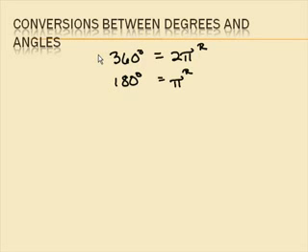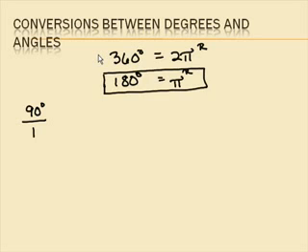So if I give you, let's go with 90 degrees. So if we start off with an angle that's 90 degrees, let's use dimensional analysis like we do in science classes. So 90 over 1, because these are equivalent. Let's take this one here. 180 is equivalent to pi. So I can write that as either pi over 180, or I can write it as 180 over pi. Since those are equivalent, that's equal to 1.